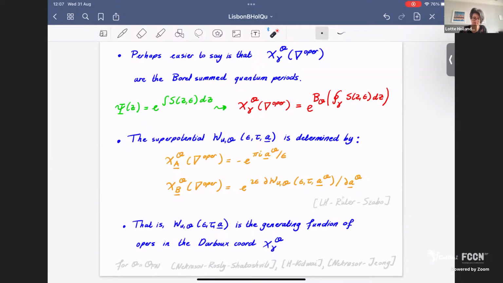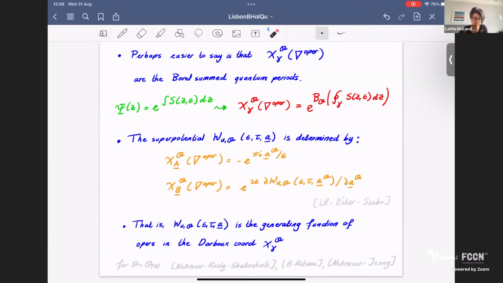So we can evaluate that in particular on the connection that corresponds to this differential operator, the quantum curve D of epsilon. I've denoted that particular connection by nabla-oper, because to such a quantum curve one can associate what is called an oper connection. In any case, these coordinates evaluated on these quantum curves have the form of quantum periods.